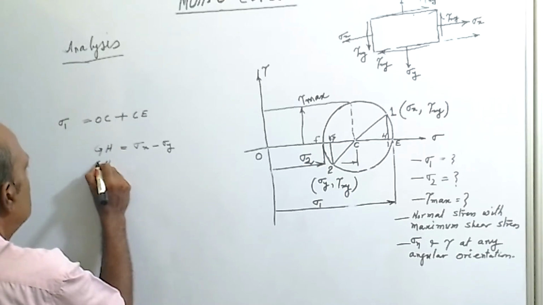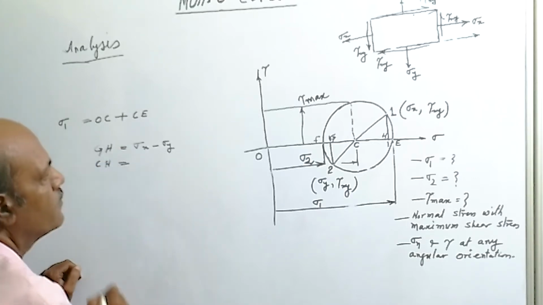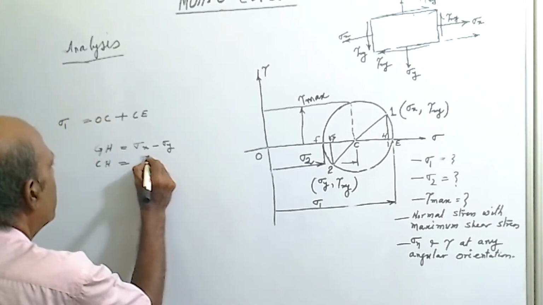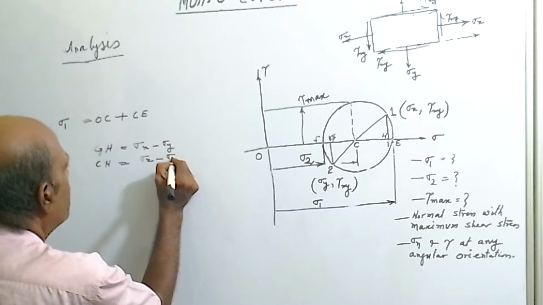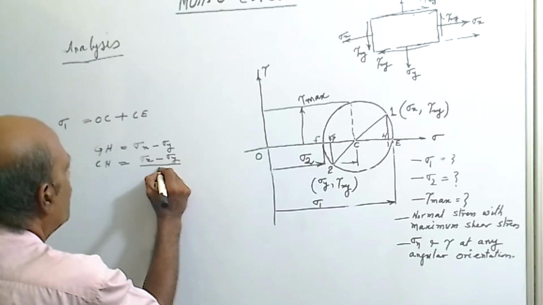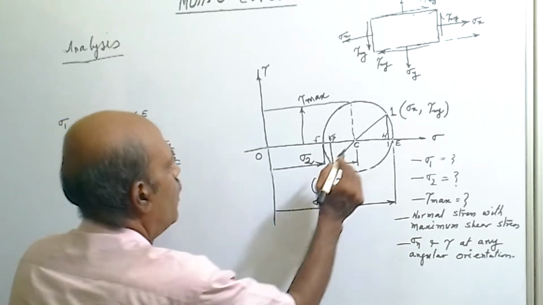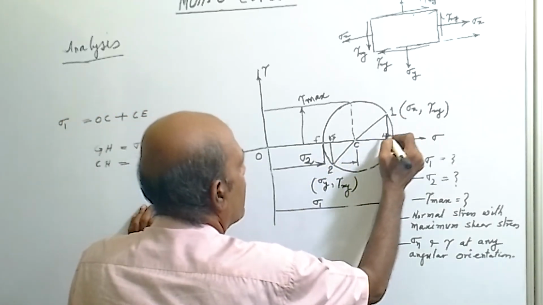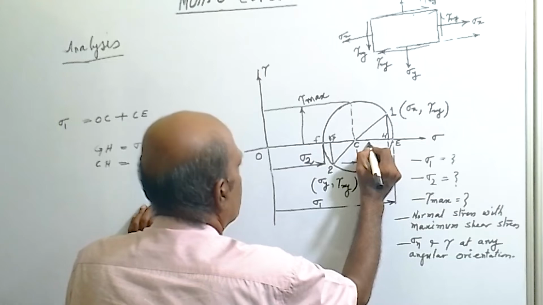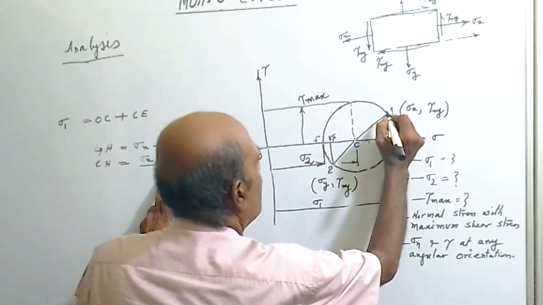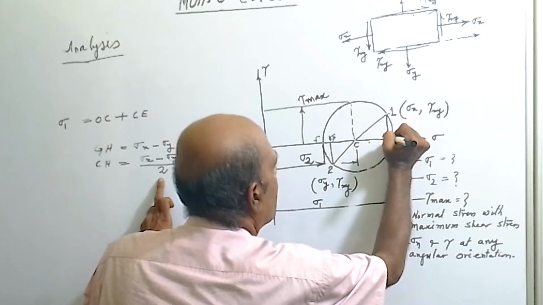The CH value is given by sigma x minus sigma y divided by 2, right? So in this right angle triangle, this side is CH, which is sigma x minus sigma y by 2, and this side is tau xy.